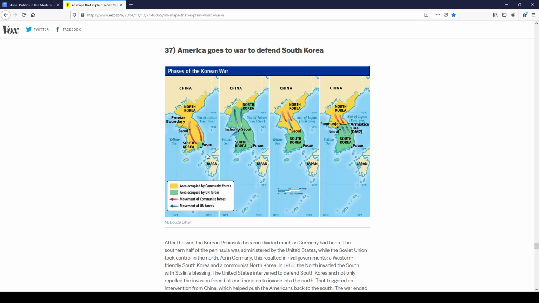There was some sense that, self-determination, Koreans should decide for themselves what they want to do. And so there was a kind of temporary boundary that was set up. You can see right here, it's the 38th parallel. There was a regime in North Korea on China's borders, and then there was another regime in South Korea. They were supposed to hold elections and agree to unification. That did not happen.